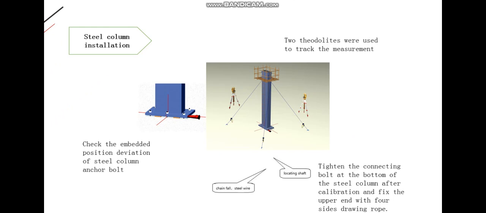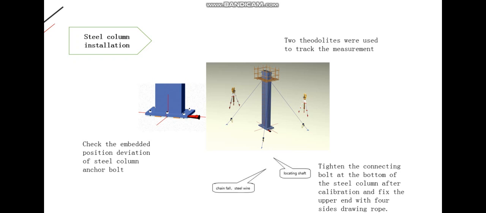The deviation must be corrected to ensure that the deviation value does not exceed the standard. Before lifting the column, fix the sling, wind rope, ladder, and operating platform on the steel column. The upper end of the steel column is used to connect the lug plate and the hoist plate for lifting, and the crawler crane is used for lifting and positioning. The steel column is lifted by a single machine turning method.